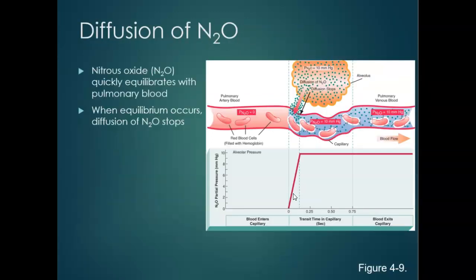Okay, so when you think about perfusion limited, you can think about nitrous oxide, an anesthetic gas typically used in anesthesia and surgery. It's a good gas to illustrate this concept because once it moves across that alveolar wall, it doesn't combine with the hemoglobin. It just gets dissolved in the plasma. Let me take a step back.